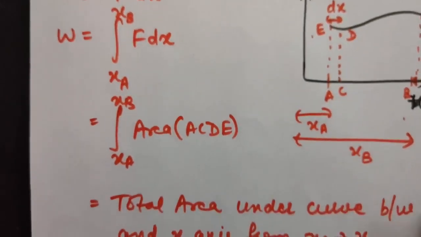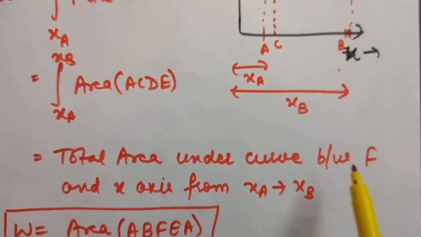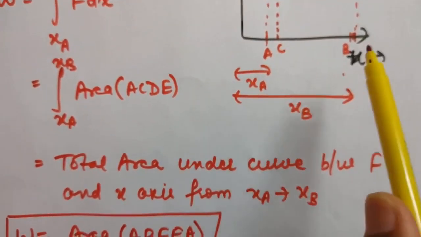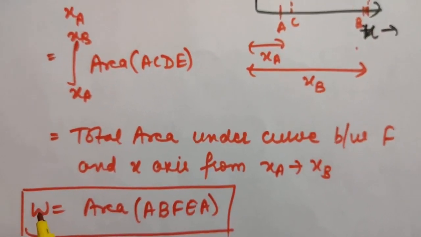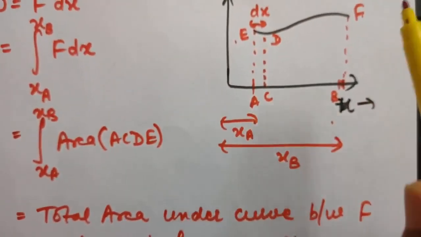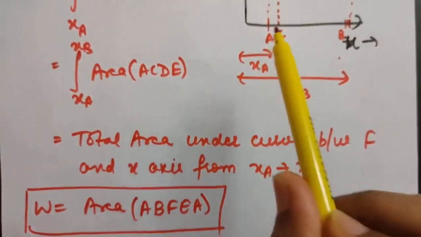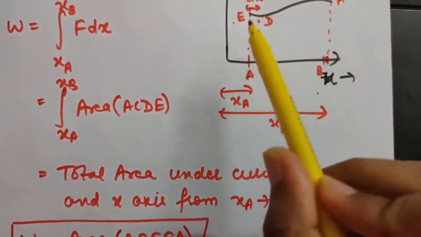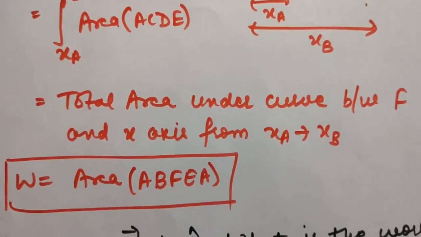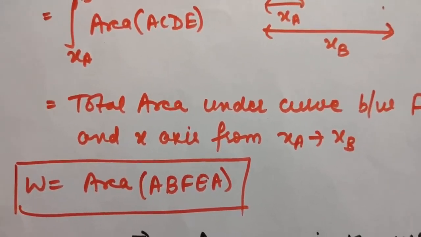Now if you integrate, this will give you the total area under the curve between F and the x-axis from xA to xB. That is, the total work done for a variable force is nothing but the area of ABFEA, because this is the small area, and when you integrate from this point to this point, this will give the total area. So work done by a variable force is nothing but the area under the graph of force and displacement.